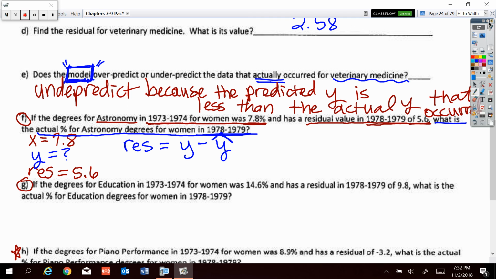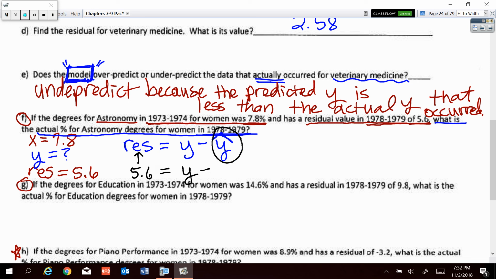I want you to think about that for a minute. Of course, the residual is very simple, that one's 5.6. Y is what we're solving for. But here's the thing: how can we get this predicted y value? Use the prediction line of the data set, which I mentioned earlier was 1.72x plus 7.